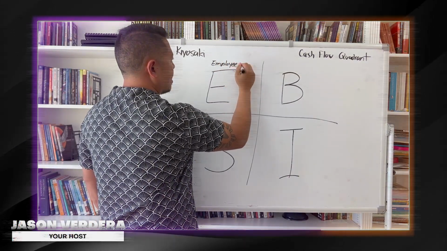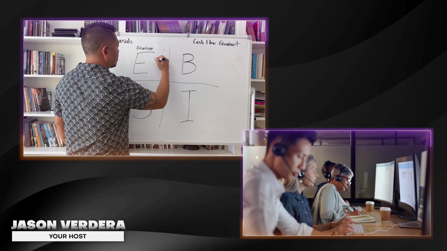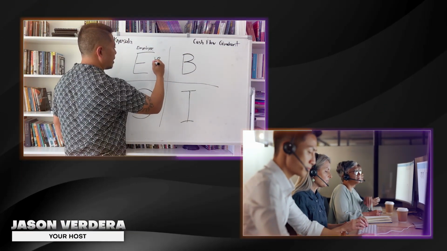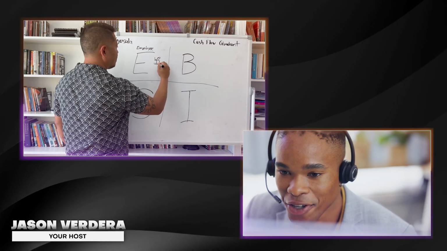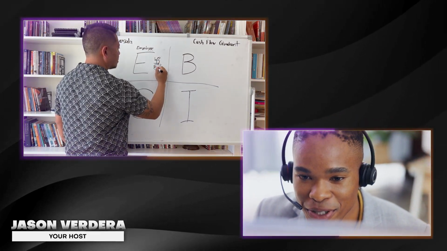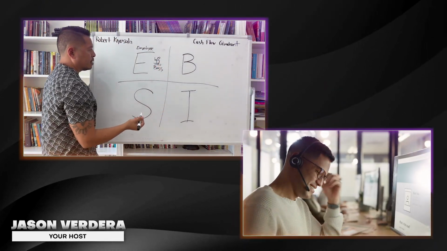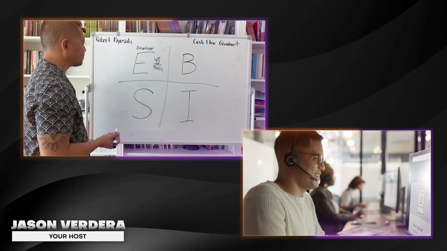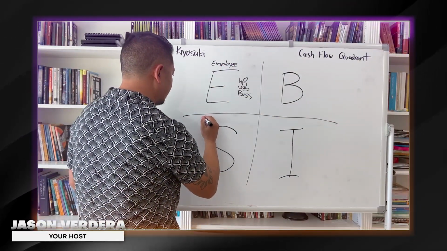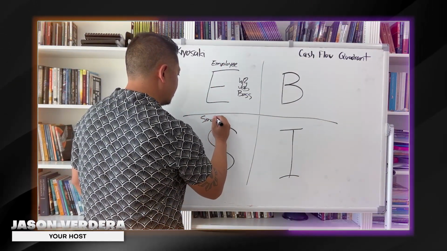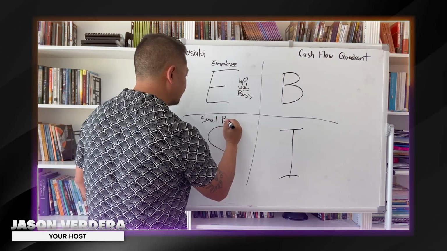These are our W-2 earners. They have a job, they have a boss, and typically work a 9 to 5. Over here, we have small business owners.